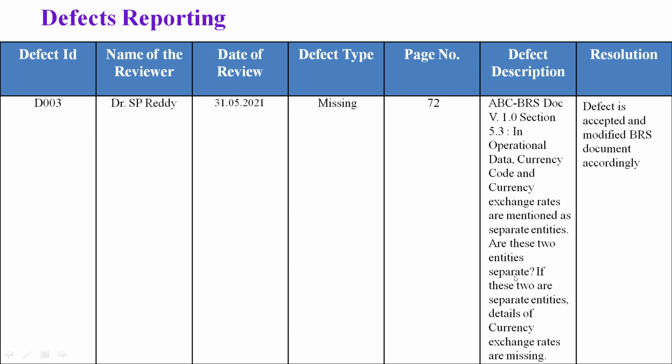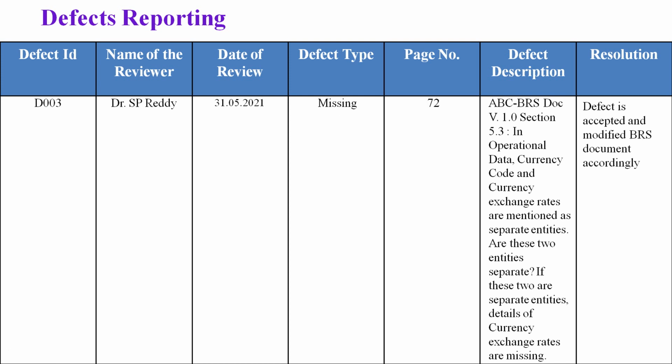If these 2 are separate entities, details of currency exchange rates are missing in the requirement. That defect I have found during the review process. What type of defect is it? Missing, on page number 72. This is the defect description.